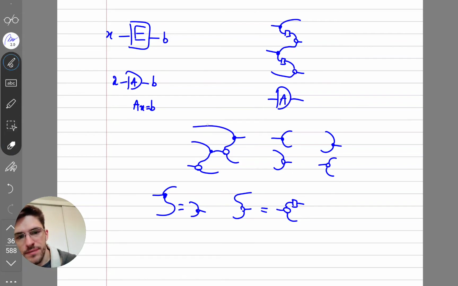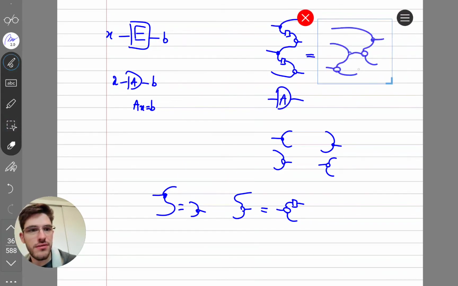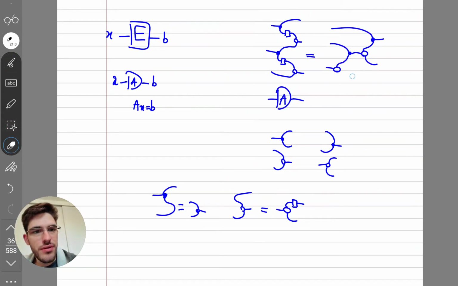So what do we get? I have played a bit around with bending legs and shown the following, which is kind of cutely symmetrical as well. I just bent some legs from here and then got this.